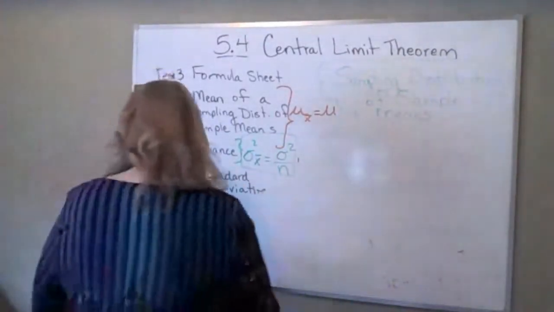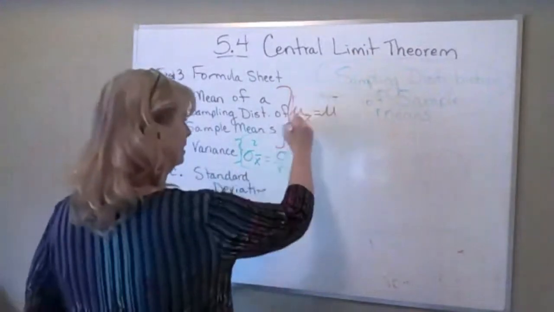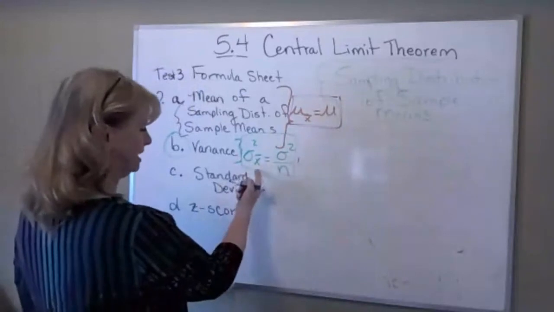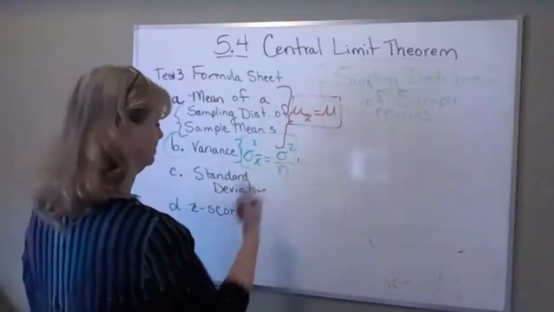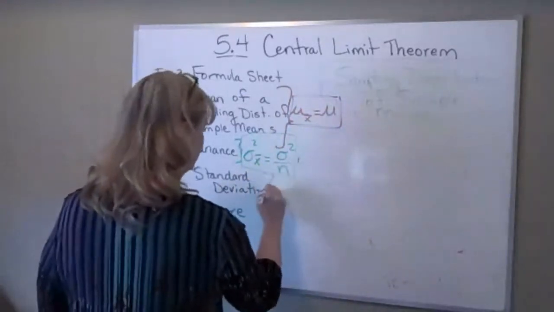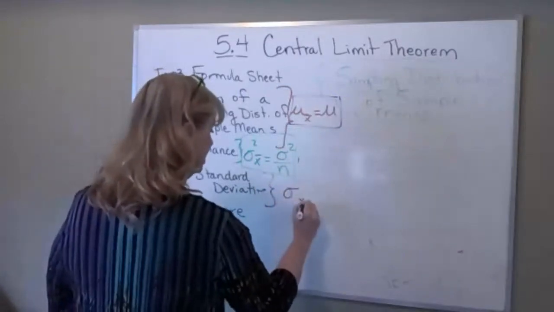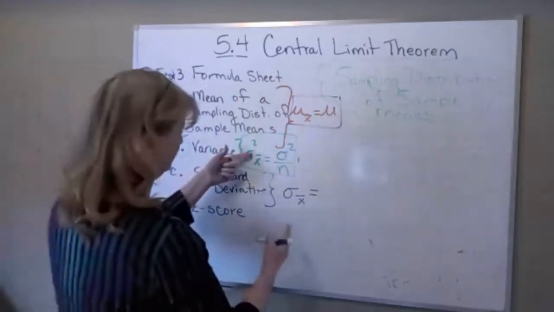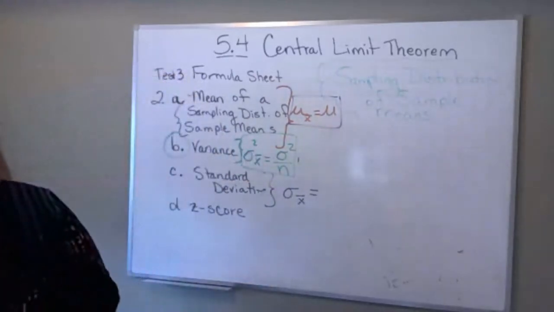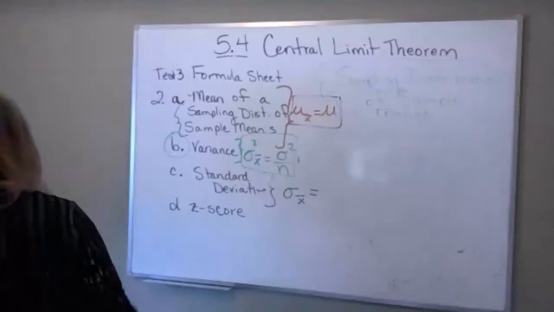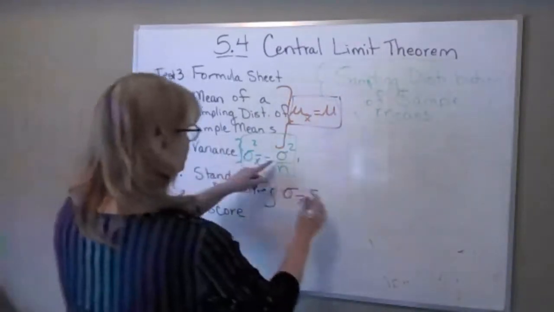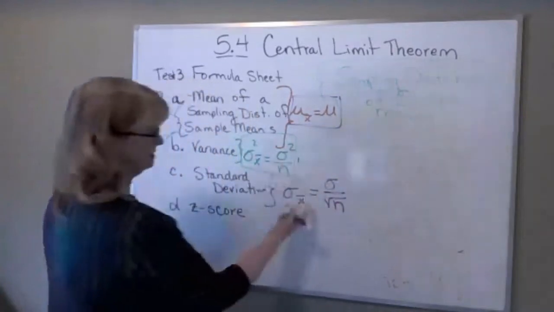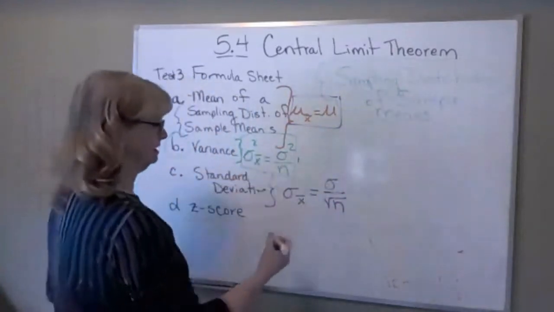So we had this here, the mean of the sample means is the same as mu. The variance of the sample means is the variance of the population divided by n. The standard deviation, that's sigma, of the sample means is just the square root of this. So if you look at your formula, when you take the square root of this, you get sigma over the square root of n. And that's basically just taking the square root of this number here.